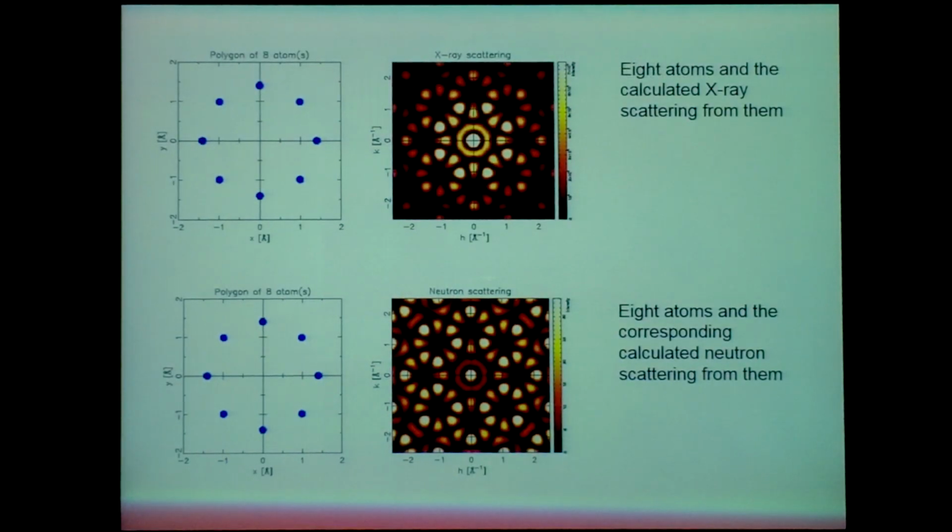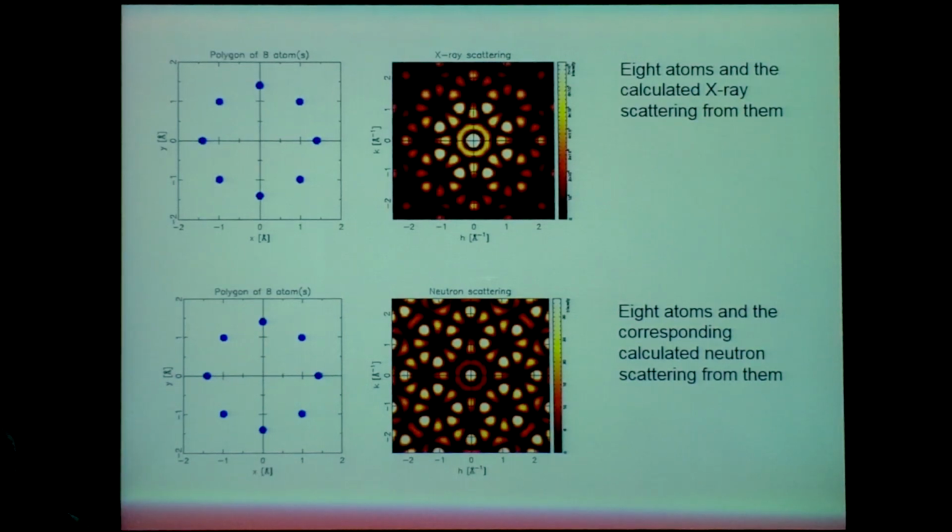If you look at more atoms, 8 atoms in the calculated electron scattering, and this is neutron scattering. Neutrons are also particles, but they also have wave properties, and you can do diffraction with neutrons.